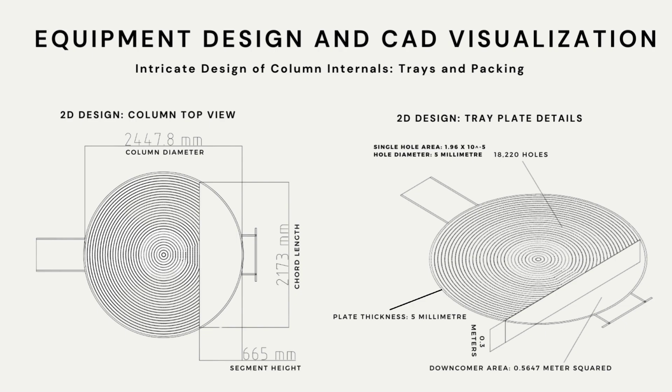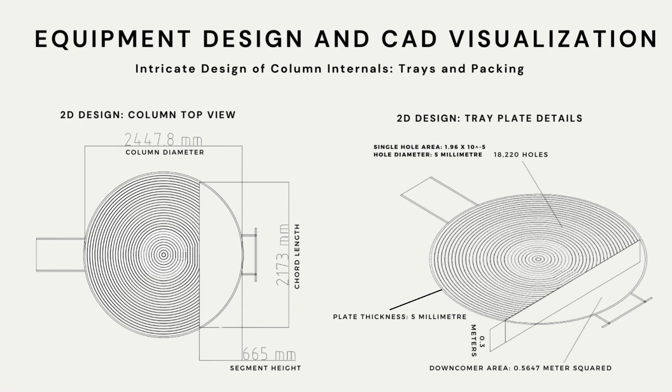This design includes a downcomer hole with a chord length of 2,173 mm and a segment height of 665 mm. These specific dimensions ensure proper liquid distribution and vapor flow, which are critical for effective separation within the column.